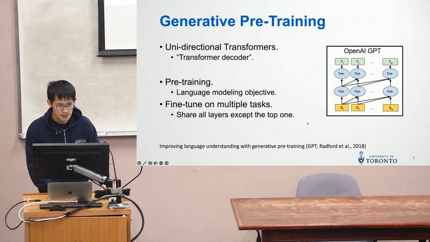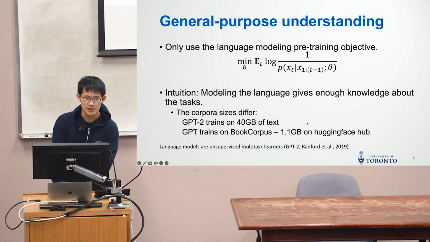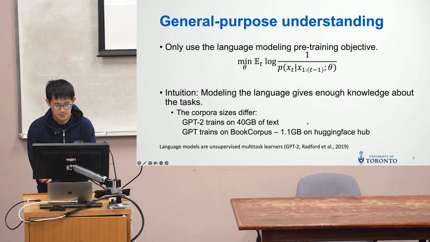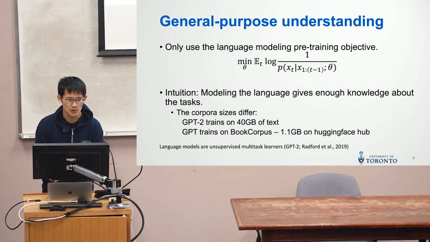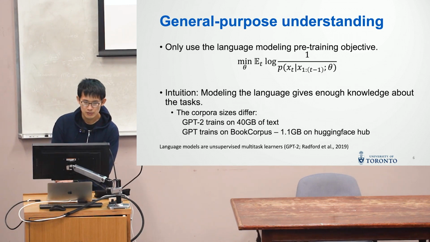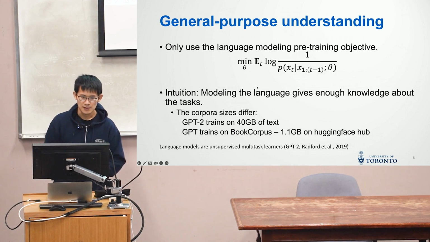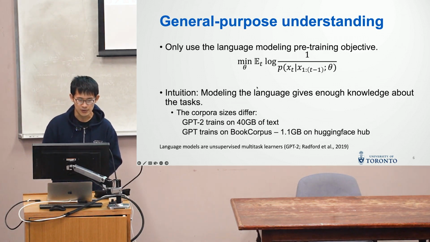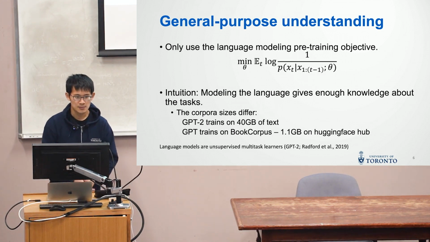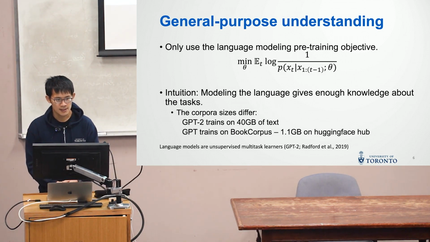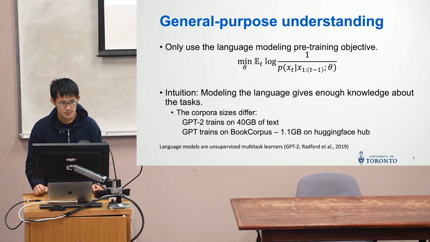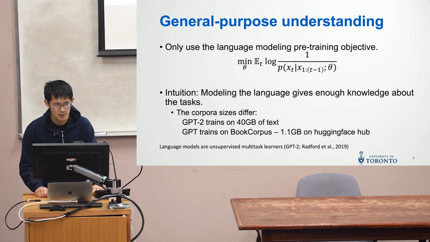So this is what happened in the second iteration of GPT. OpenAI decided to only keep the language modeling pre-training objective. So they try to minimize the loss of predicting the next token based on the existing tokens. The intuition is that by modeling the language, this model learns to simulate the language.